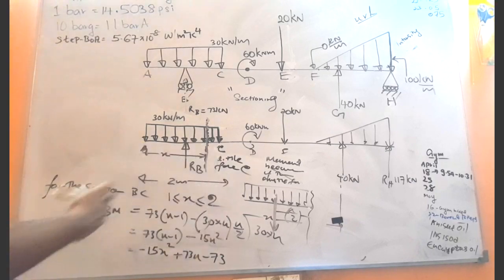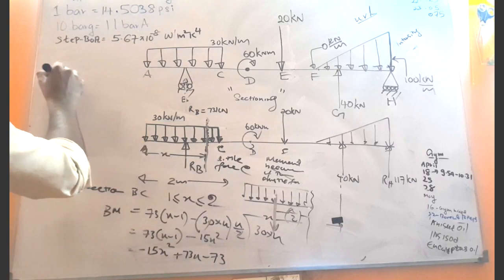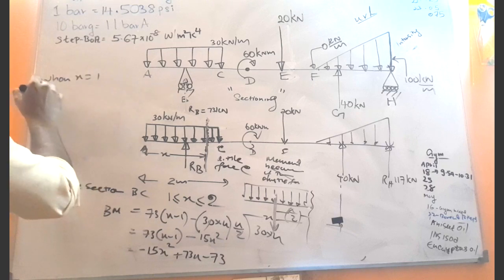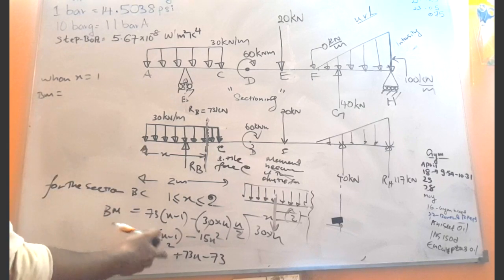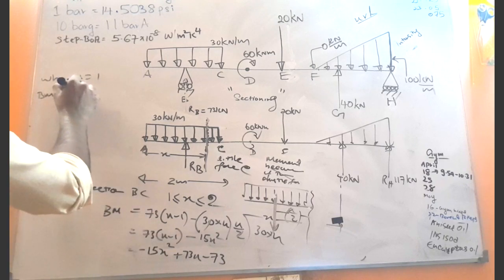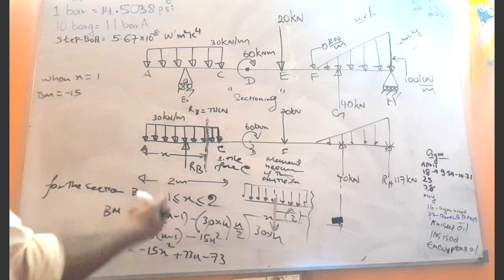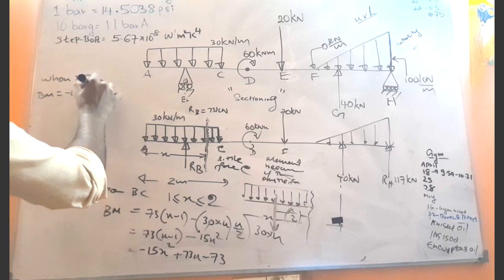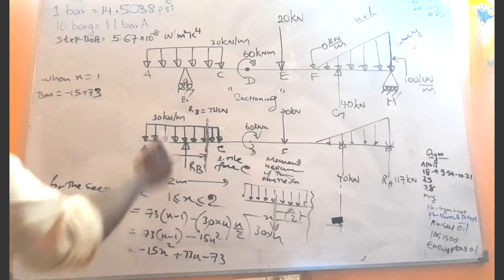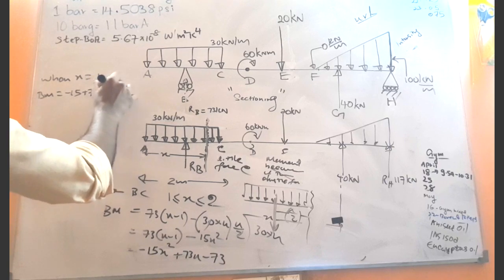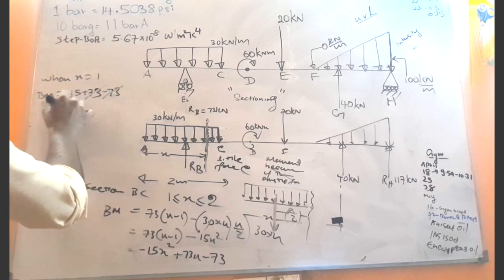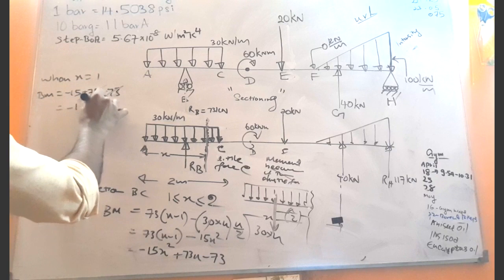So now let's put the lower limit. When x equals 1, the bending moment will be, x squared is 1, so minus 15, 73 into 1 is positive 73, and then minus 73, 73 cuts, so minus 15 kilonewton meter.